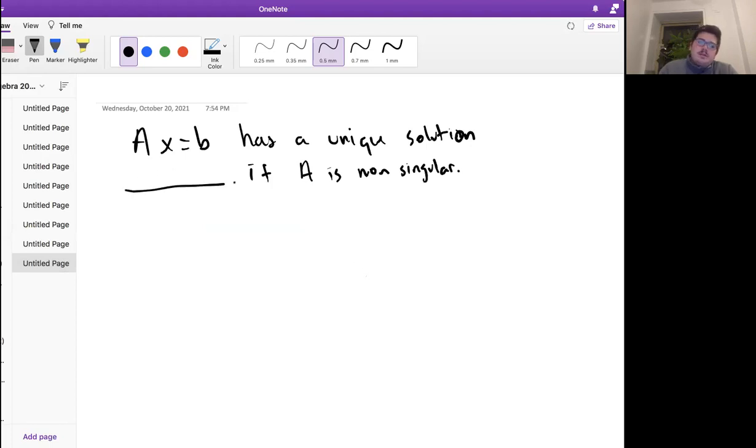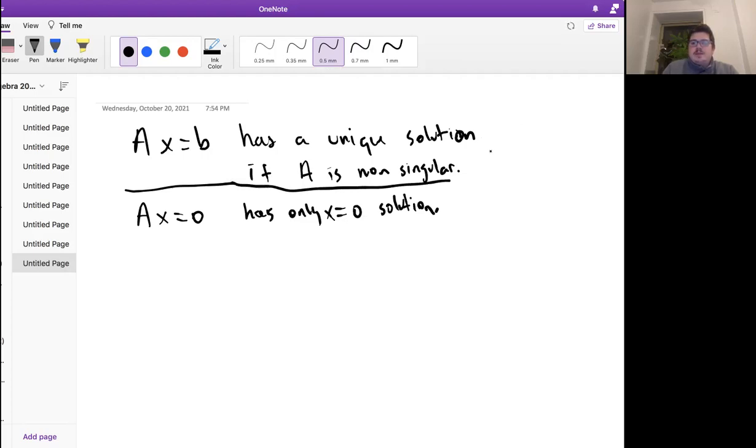In particular, the one that's sometimes more interesting is that AX equals 0 has only the X equals 0 solution. What is the unique solution for AX equals B? It's X equals A inverse B. That's pretty nice too, right?